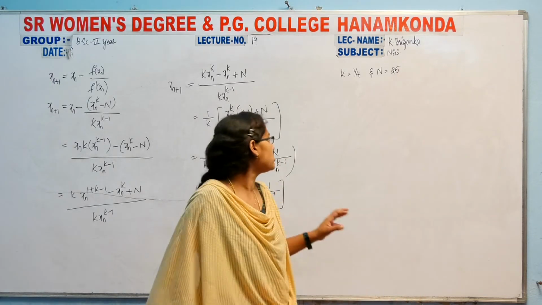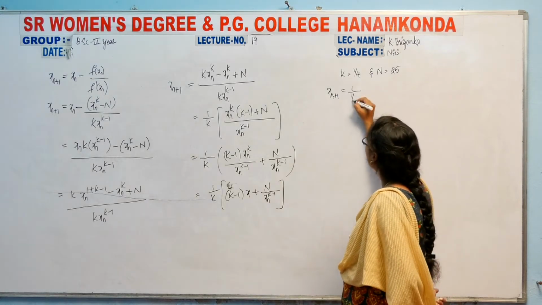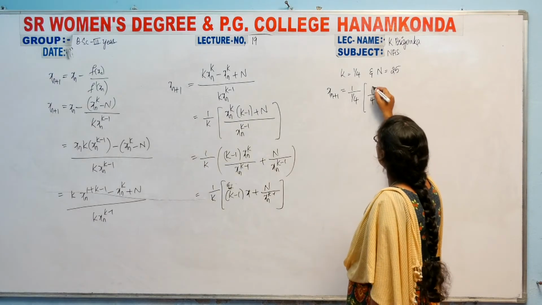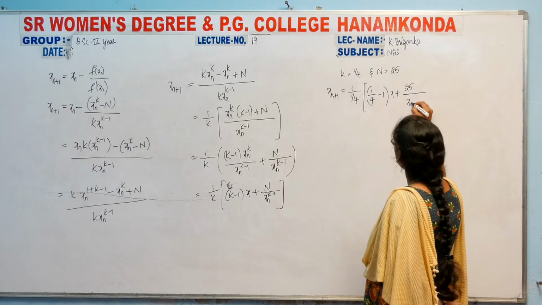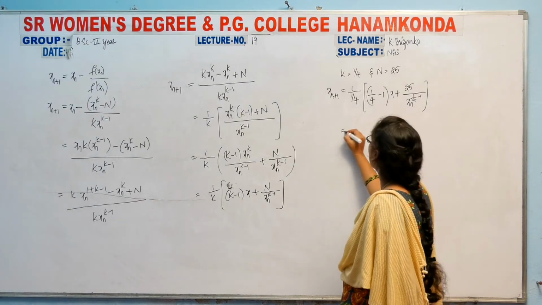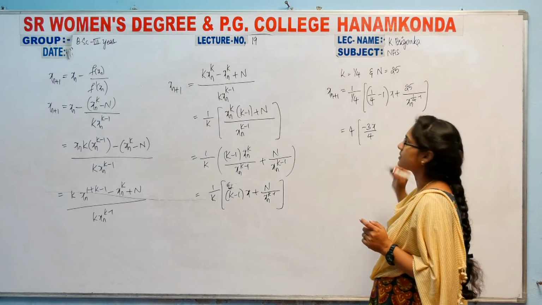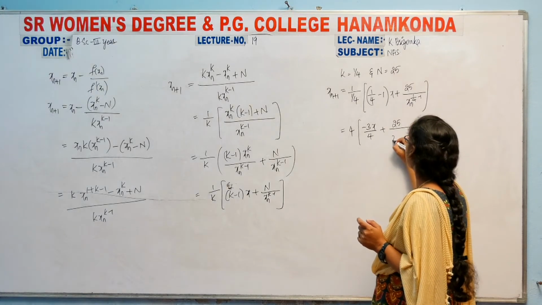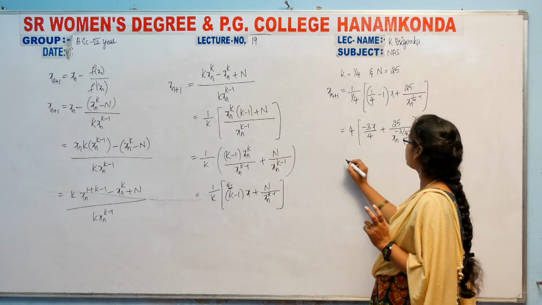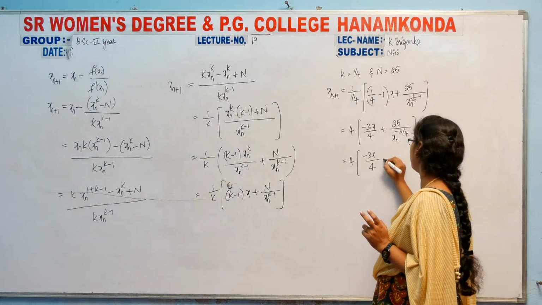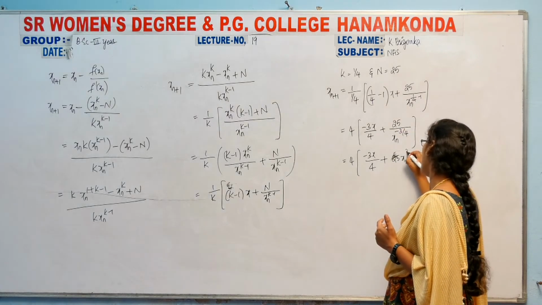Now what we have to do is substitute those values here. Then x(n+1) equals 1 by 4 of (4 minus 1) xn plus 25 by xn power 3. Here 4 minus 1 is 3, so x(n+1) equals 1 by 4 of 3xn plus 25 by xn cubed.